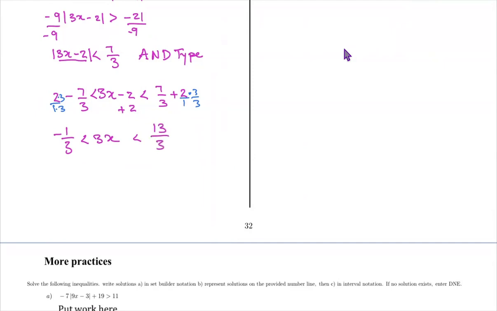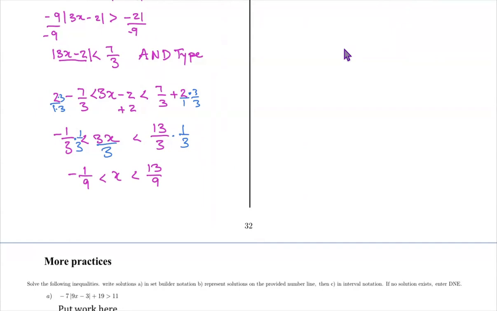13 over 3. And then to clear the x by itself now, I can divide by 3, which is like multiplying by a third. So we get x is less than 13 over 9, and x is greater than negative 1 over 9.